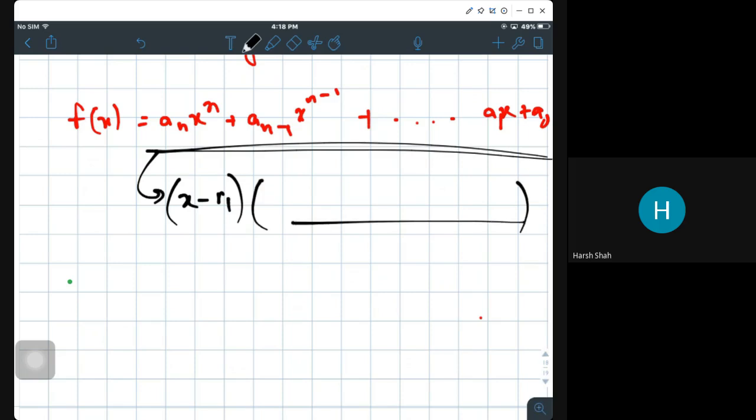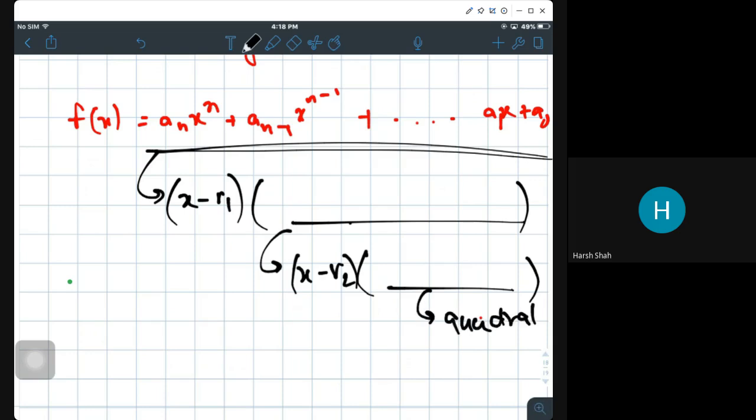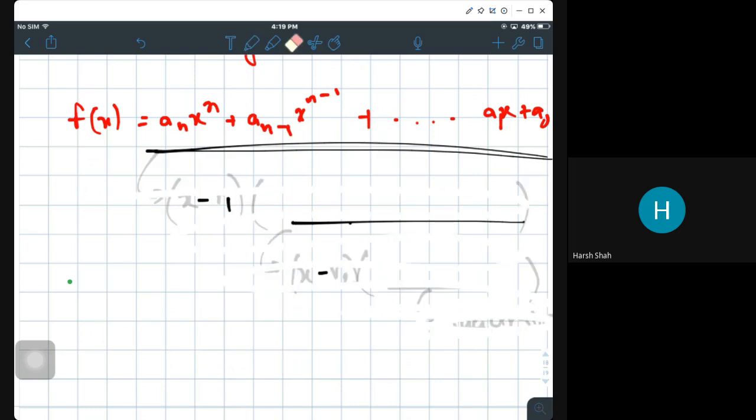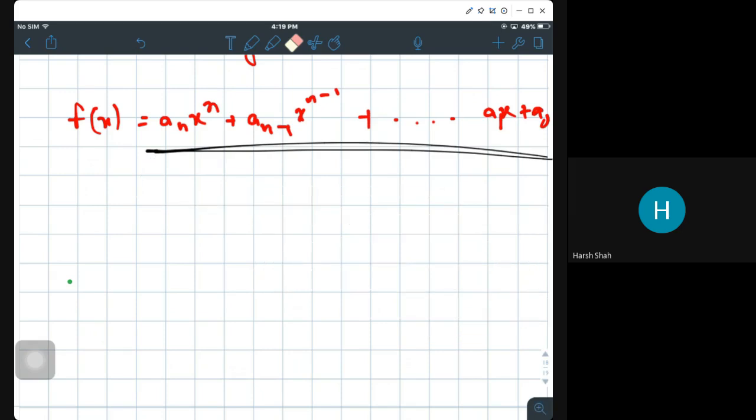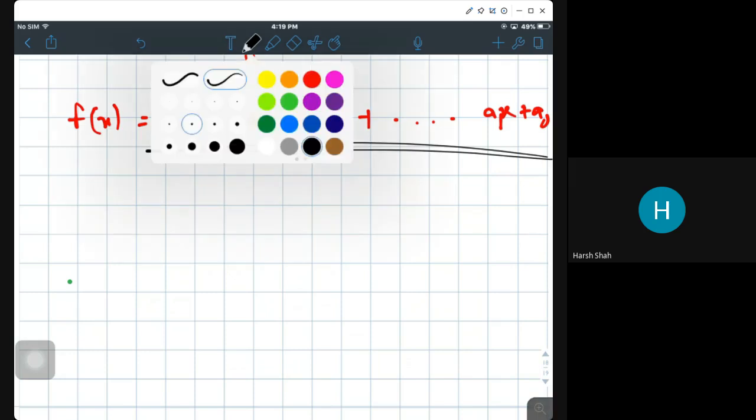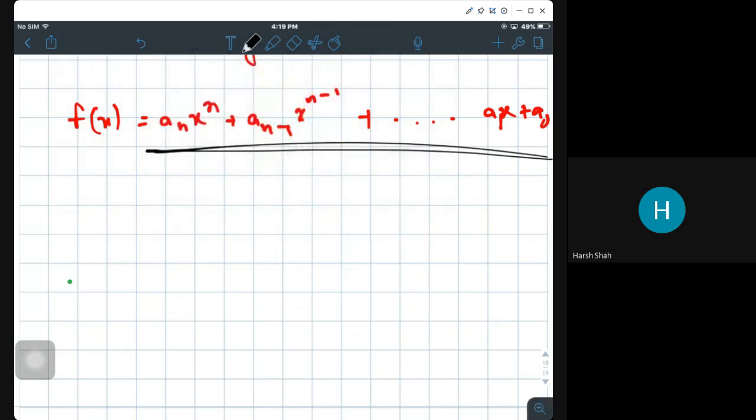Again, you apply division method on this, you get x minus root 2 times another polynomial. Until and unless you get a quadratic here, you don't have a direct method to find the roots, right? I hope this is clear, this roots part, right?